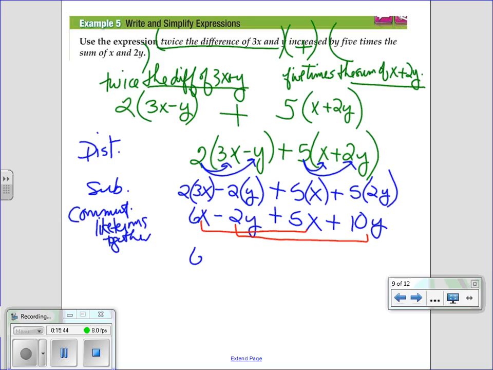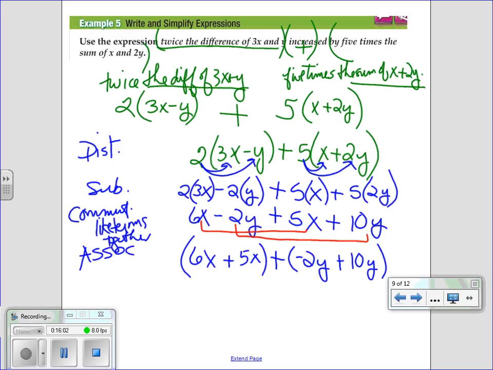So I'm going to say 6x plus 5x, put those two guys together, plus negative 2y plus 10y. I'm going to put those guys together. Now I'm probably going to do a little associative grouping too, aren't I? Okay, so 6x and 5x is 11x. This will be substitution.